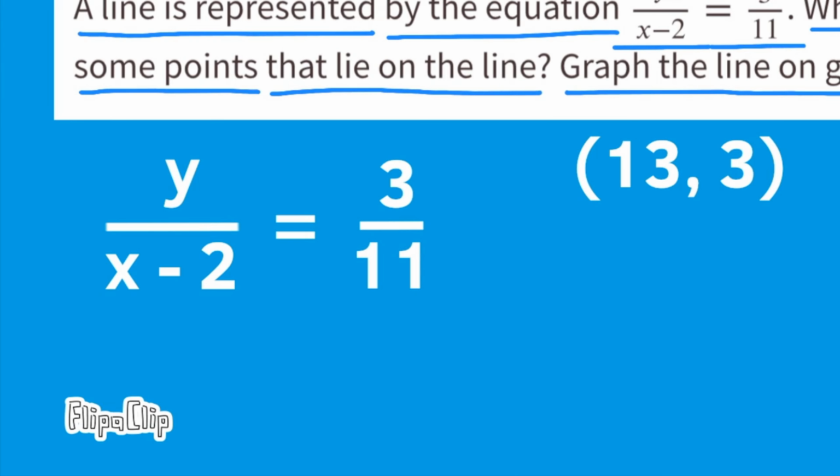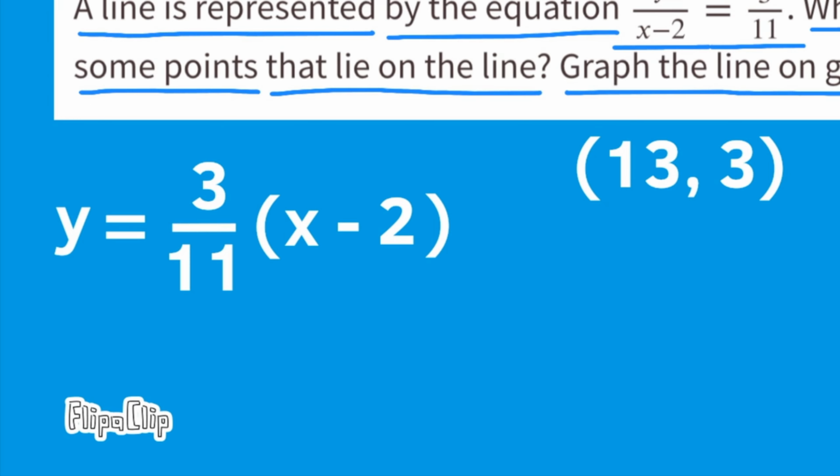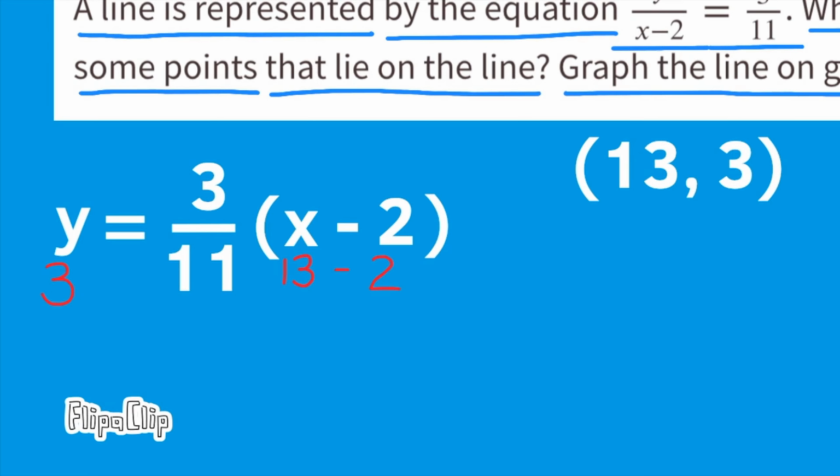You can rewrite this equation as y equals 3/11 times x minus 2. Let's use this ordered pair 13 and 3. Let's plug in the x value, that's 13, and plug in the y value, that's 3. Now the equation reads 3 equals 3/11 times 13 minus 2. 13 minus 2 is 11.